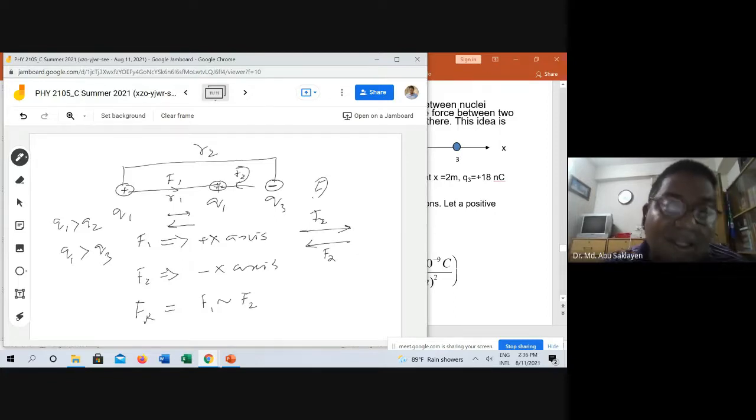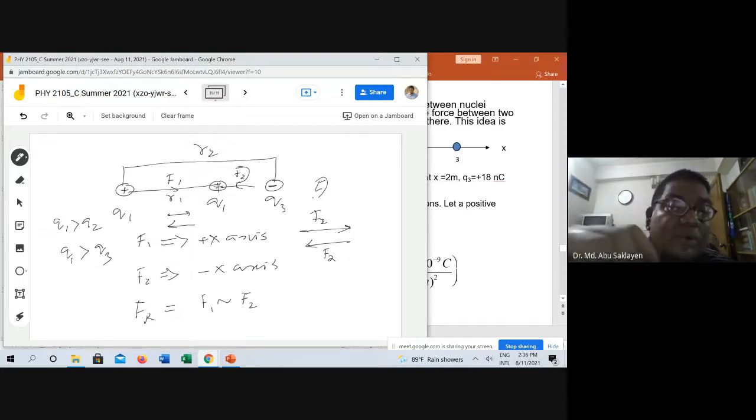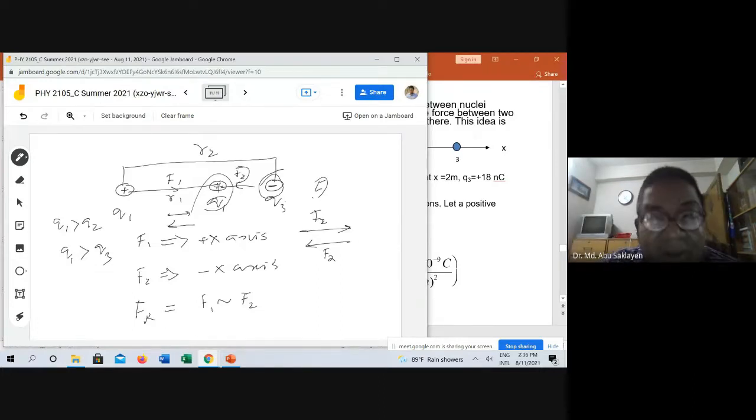You independently find the force on Q1 due to Q2 and due to Q3, ignoring the other charge each time, and finally find the total force considering direction. This is the principle of superposition.